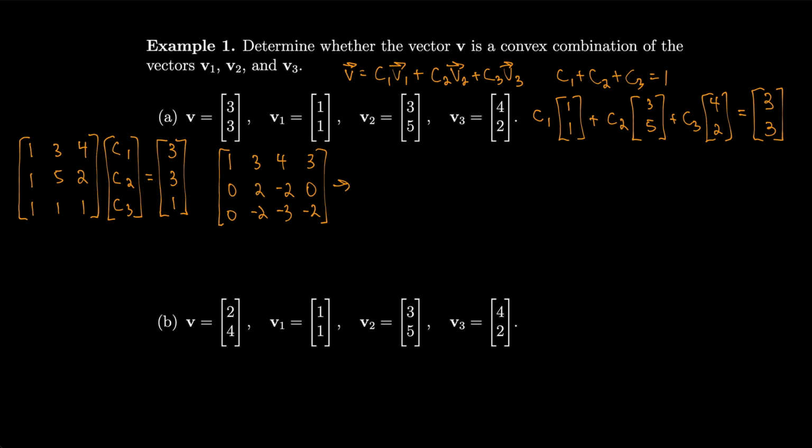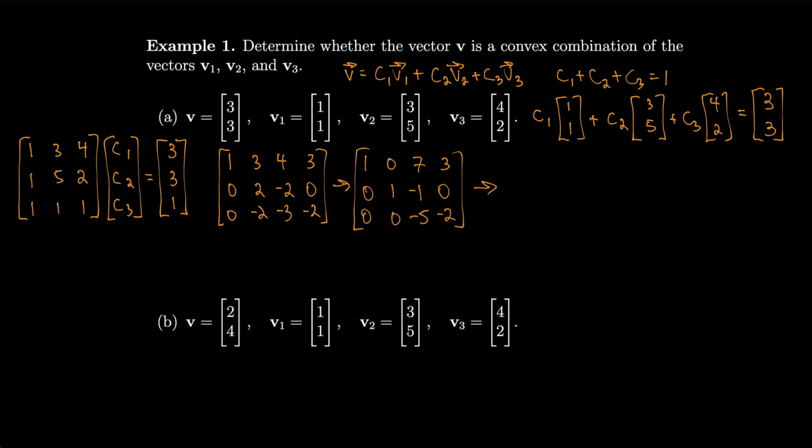So I'll divide by 2, and at the same time I'll subtract suitable multiples from the top row and the bottom row in order to get zeros there also. So I'll end up with 1, 0, 7, 3 in the top row, 0, 1, minus 1, 0 after dividing by 2. You just take 3 times that and subtract from the top. And then, again, add to the bottom to get 0, 0, minus 5, minus 2.